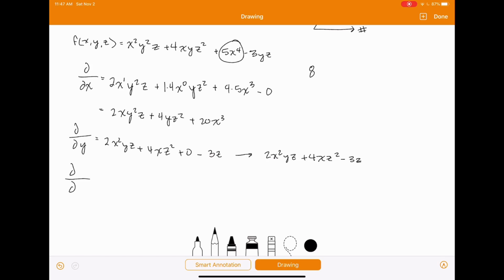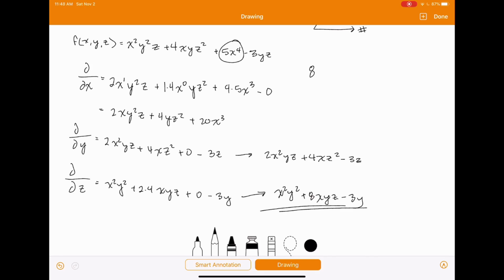And then the partial derivative with respect to z, we're going to get x squared y squared plus 2 times 4xyz plus 0 minus 3y. So that would end up being x squared y squared plus 8xyz minus 3y. Those would be all the partials with respect to x, y, and z individually.